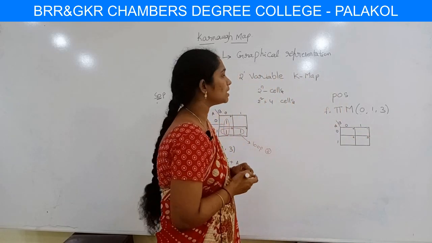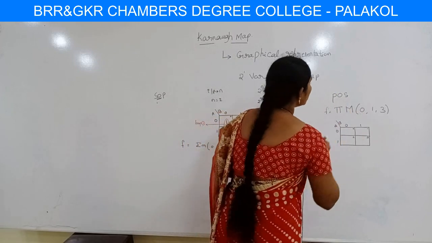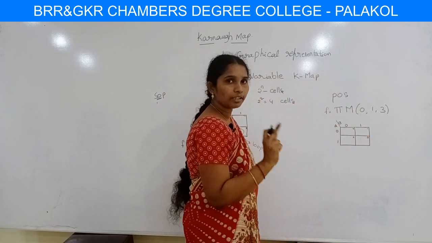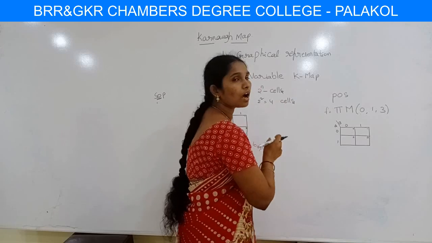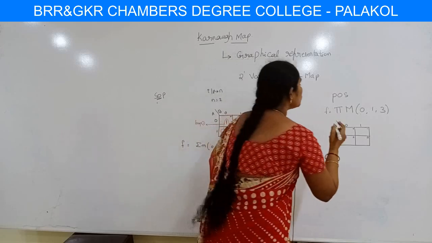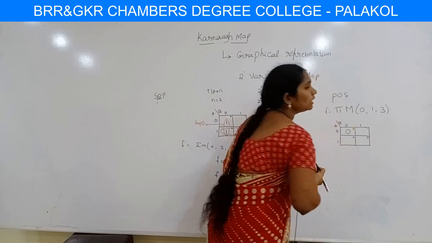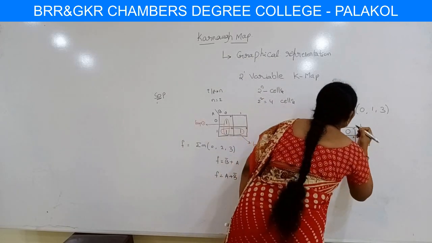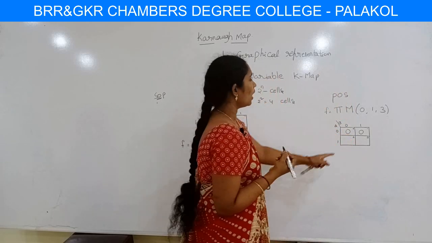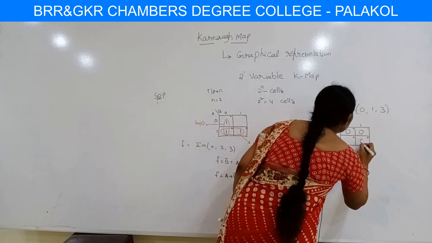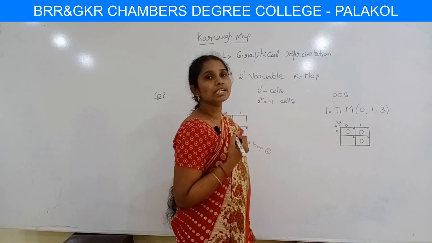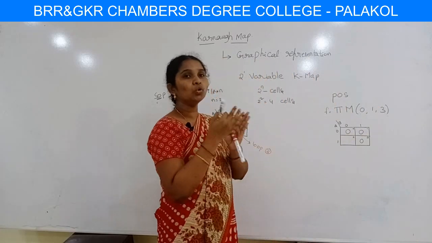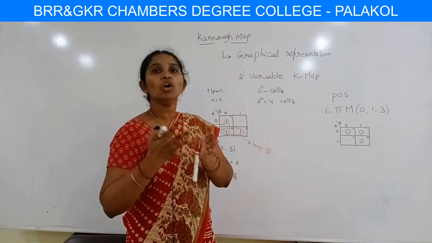What numbers are given? 0 is given, so it is a POS form. In the POS form the cells are filled with 0, so I mention a 0 here. After that 1 is there, so I fill it with 0, and 3 is there, I fill it with 0. After that we form loops, or groups.